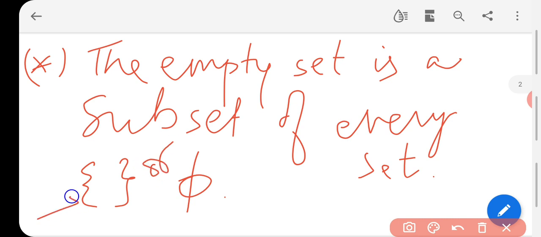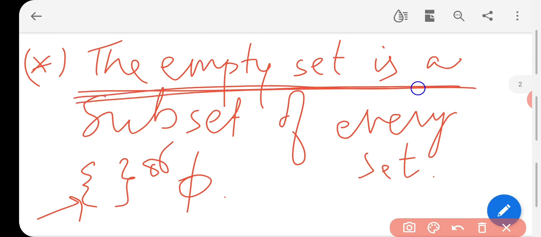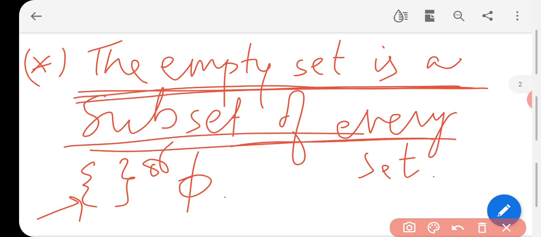See, there is no element within the set, and we denote the empty set by phi. So please learn that statement as well. The empty set is a subset of every set. Clear? So this is all about the subset.